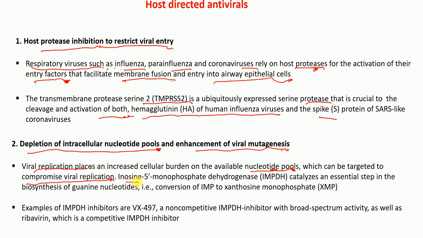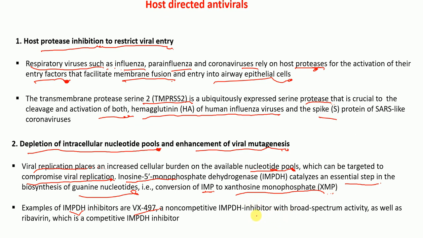So inosine 5'-monophosphate dehydrogenase, IMPDH, catalyzes an essential step in the biosynthesis of guanine nucleotides, basically the conversion of IMP to xanthosine monophosphate, XMP. So IMPDH inhibitors, for example VX-497, have broad-spectrum activity.